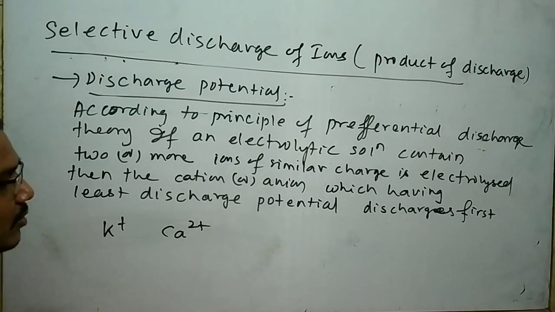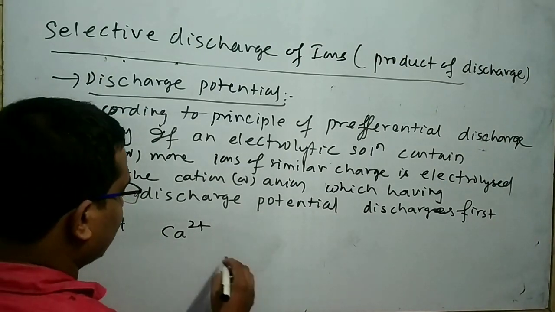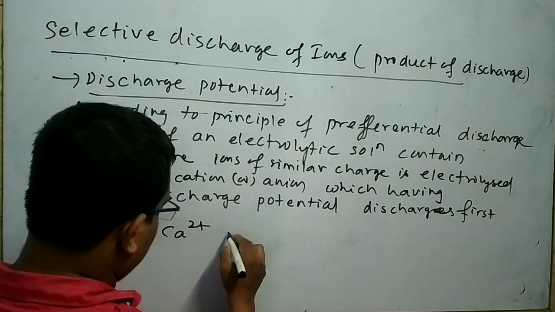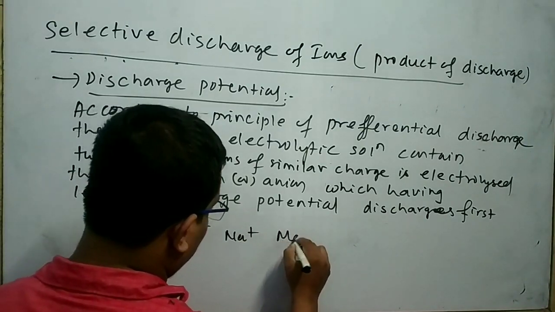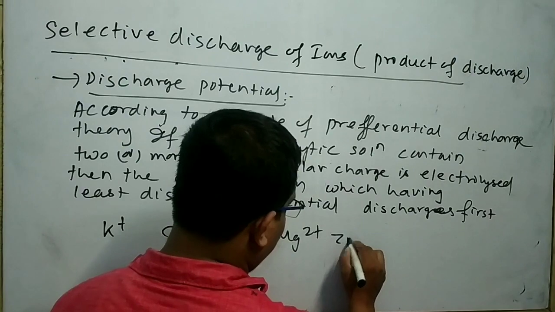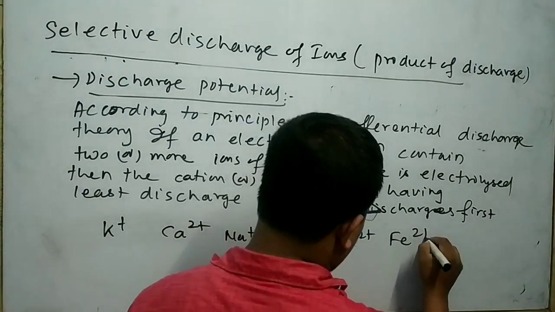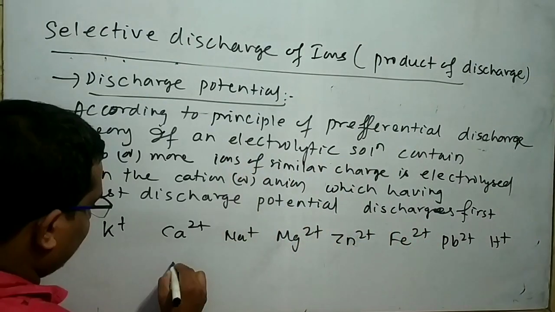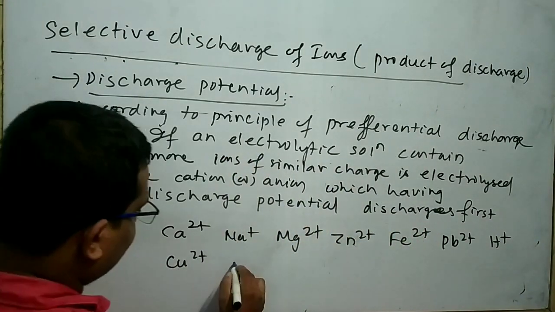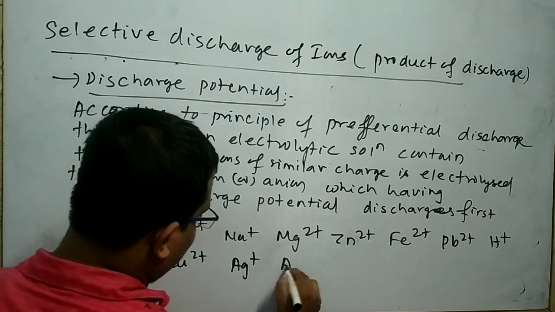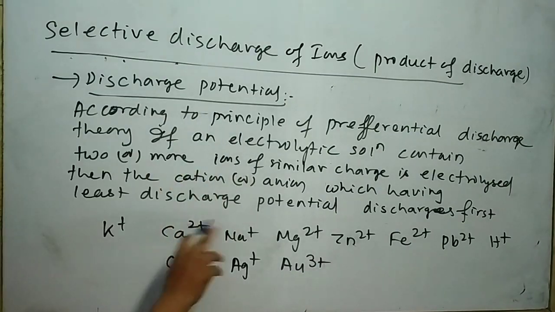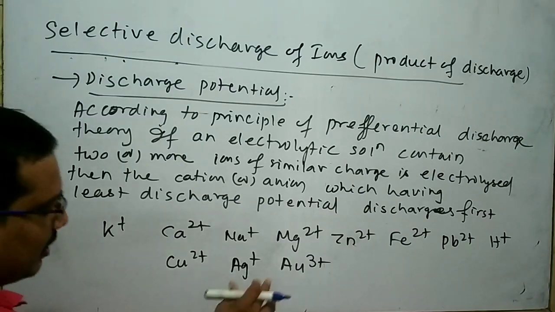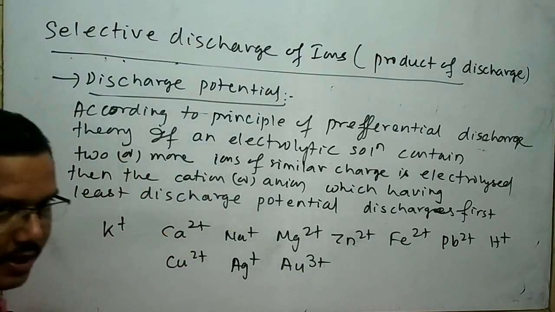Like that, you can also compare other cations with each other. The other cations are Na+, Mg2+, Zn2+, Fe2+, Pb2+, H+, Cu2+, Ag+, Au3+. Among all these cations, Au3+ has the least discharge potential, so Au3+ discharges first.